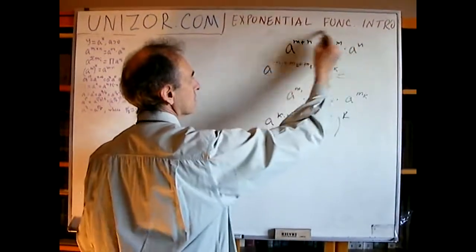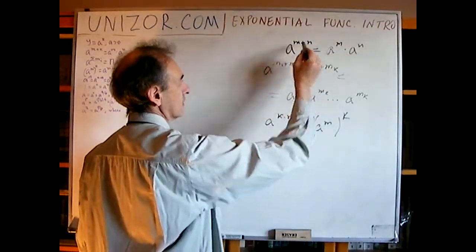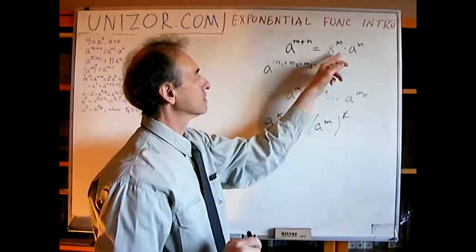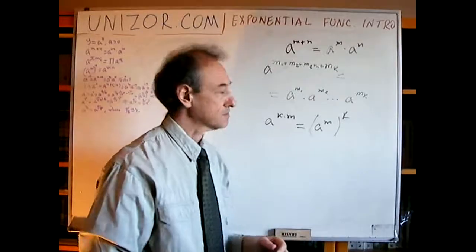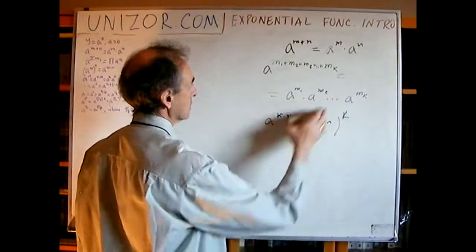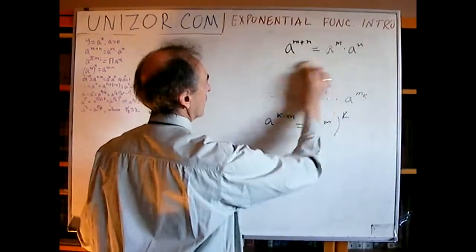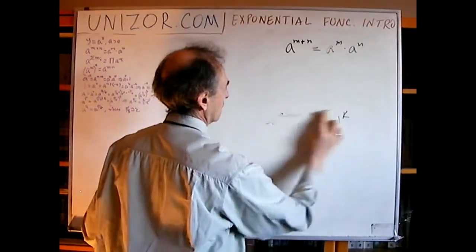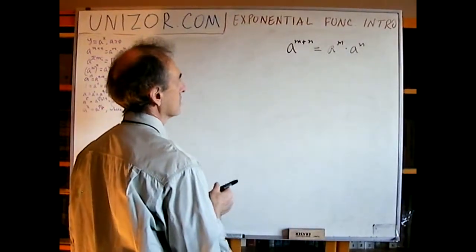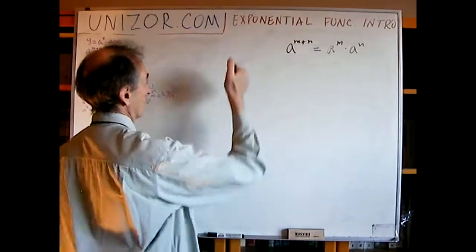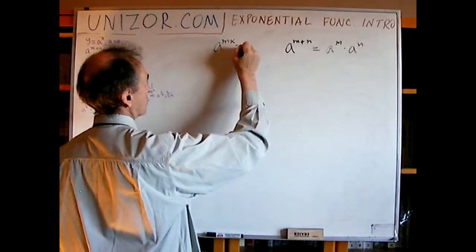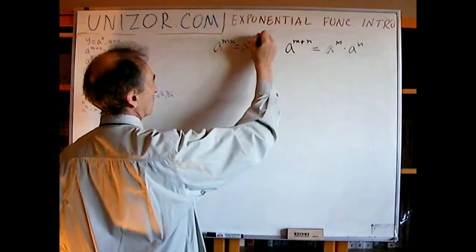And it's all based on the same property that the addition of exponents results in the product of the exponential functions. All right, let's just remember this and this. So let me put it on the top, so we will have a reference to these two things. a to the power m times k is equal to a to the m, to the power of k.